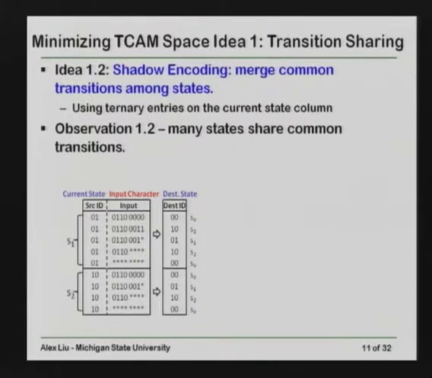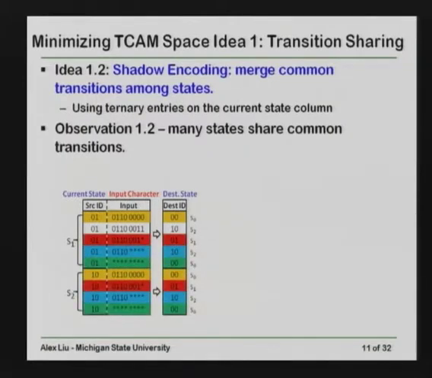After character bundling, we take a look at these 2 states, S1 and S2. If you look at the first entry of each table, you will discover that they only differ in the source ID column. The input is the same, and the destination ID is the same. Similarly for these 2 red ones, they only differ in the source state ID.